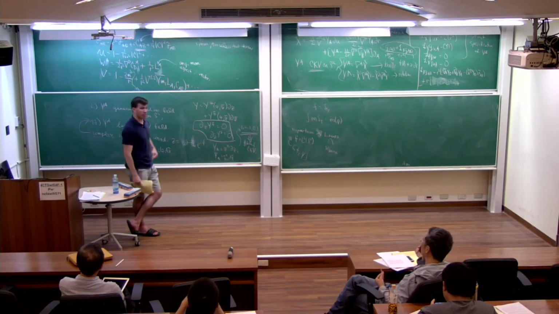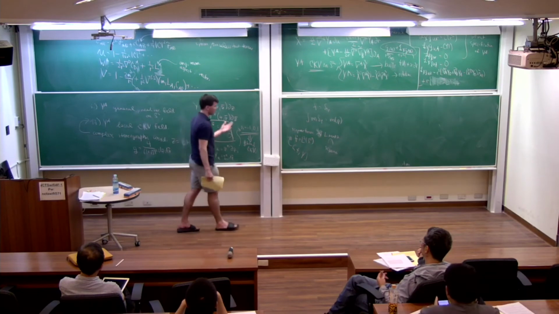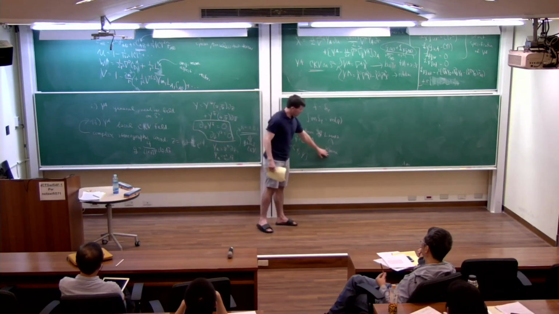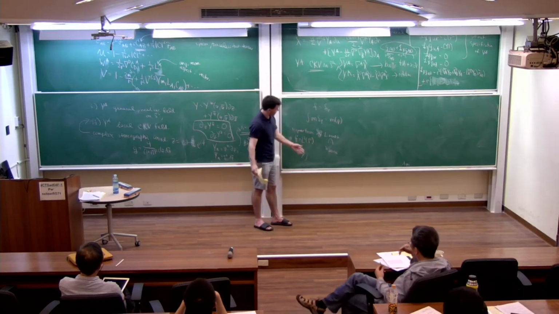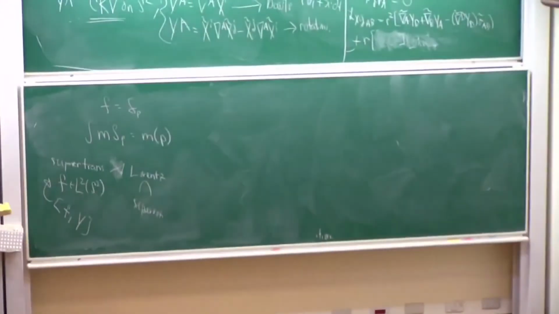There's no restriction on f whatsoever in the supertranslation. It's just some angular function. I guess it doesn't even have to be real. But in any case, I think a lot of people just thought about it as doing something like this. And the problem is when you add these guys to maintain the closure of the bracket, you end up adding so much stuff. It ends up becoming quite wild.